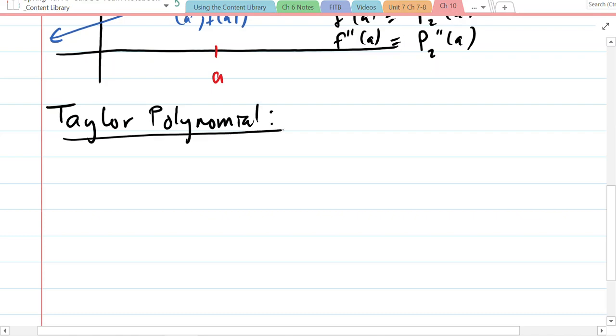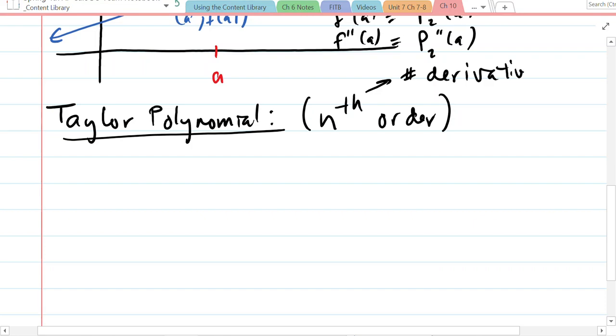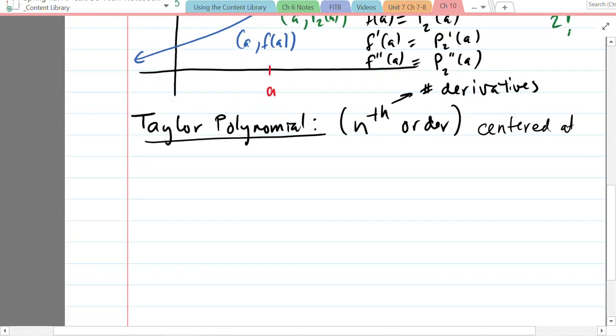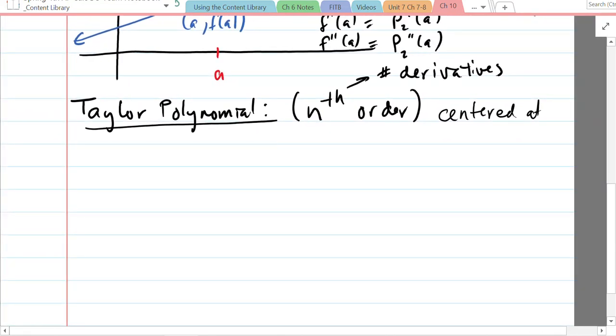Okay, for a Taylor polynomial, it's an nth order, and the nth is telling you the number of derivatives, centered at x equal to a.